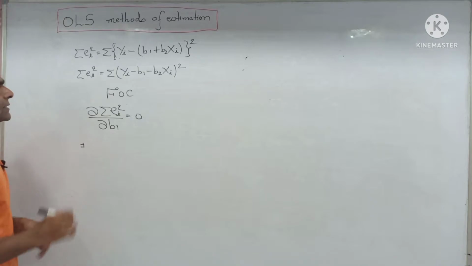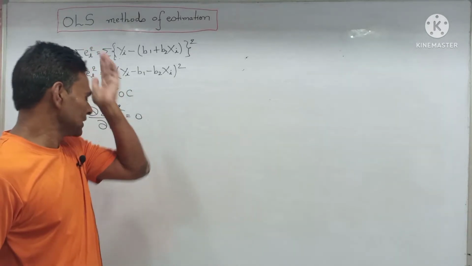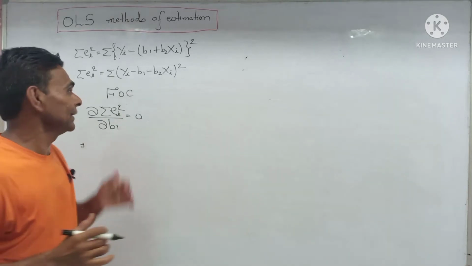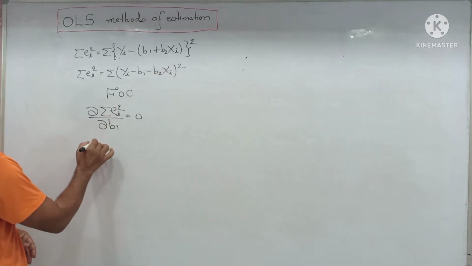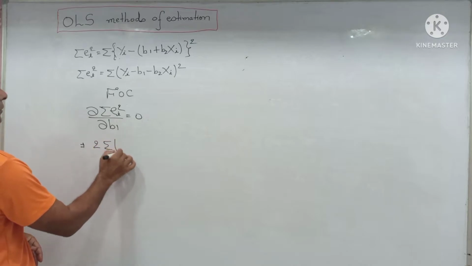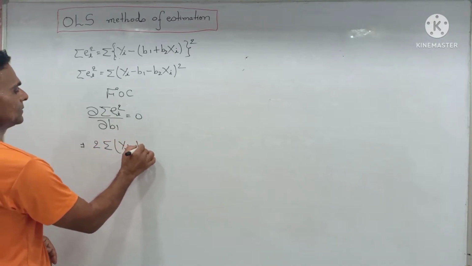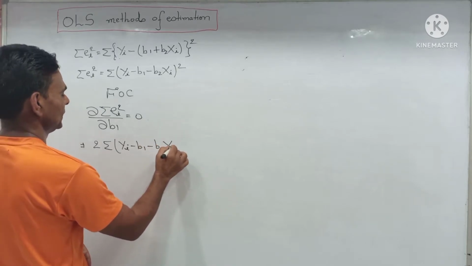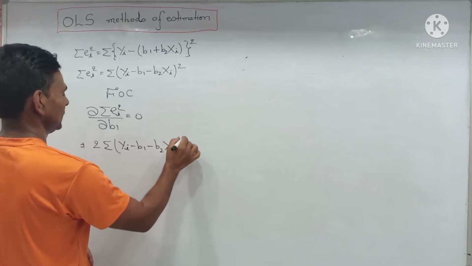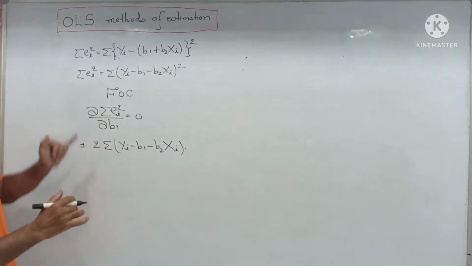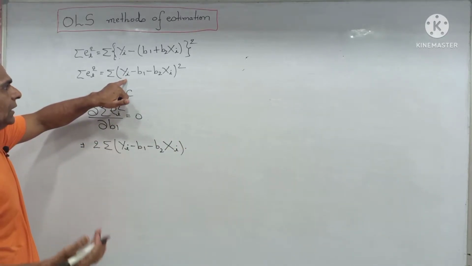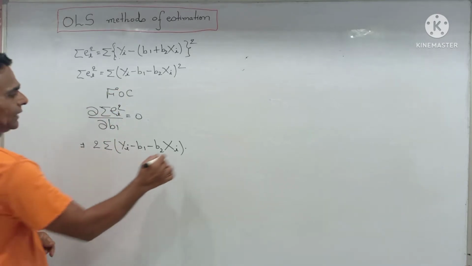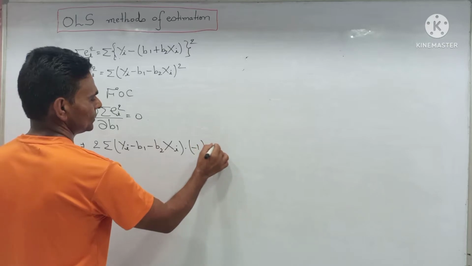If we take the partial derivative of this function with respect to b1, we apply the chain rule to get summation of (yi minus b1 minus b2 xi). If we take the derivative of the term inside the bracket with respect to b1, we get minus 1, equal to 0.